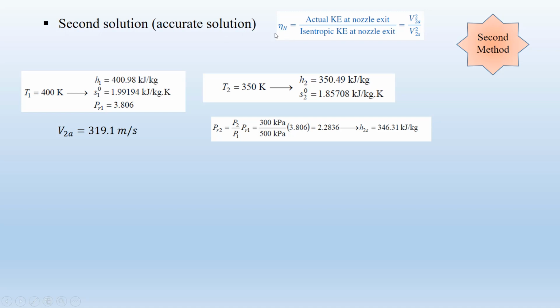This is the accurate solution, valid for all nozzles. You already calculated the exit velocity for actual nozzles. We wrote the first thermodynamic law and simplified it to calculate V2A. So please spend 2 minutes and try to calculate V2S squared, I mean the exit velocity of isentropic nozzles.